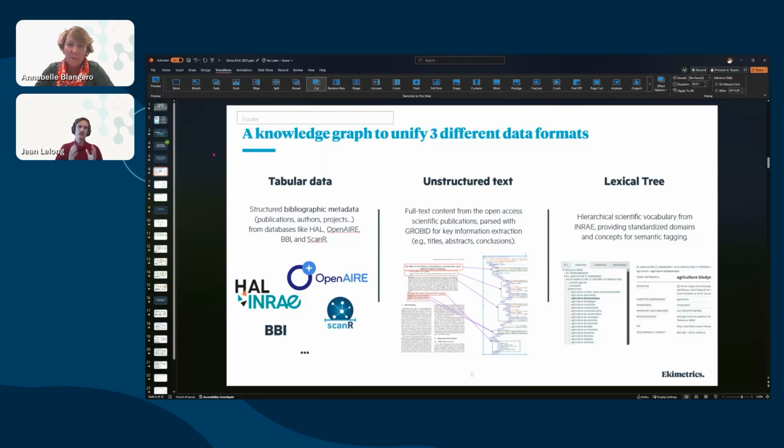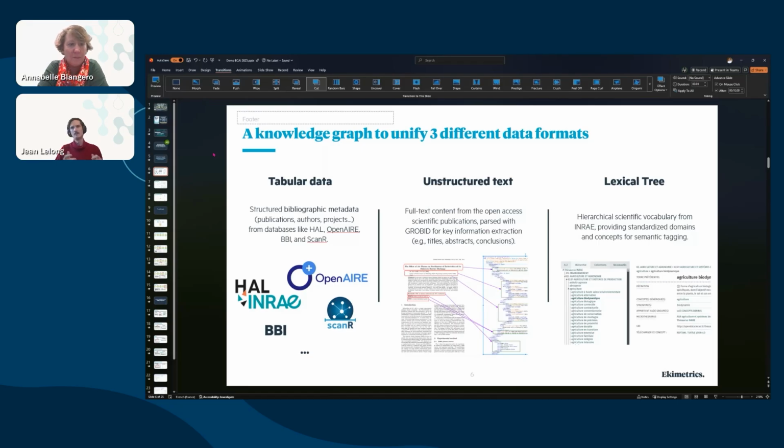Here, it was really fit for this use case. And for the unstructured text, we used scientific papers, which are very structured, with keywords usually at the same place and authors at the same place and so on. So it was really easy to navigate.